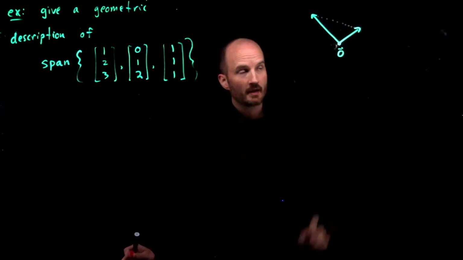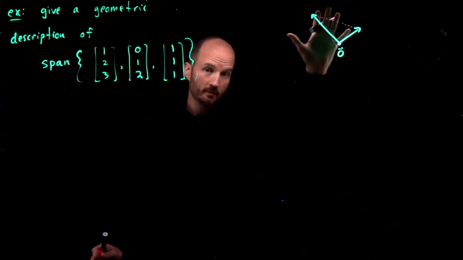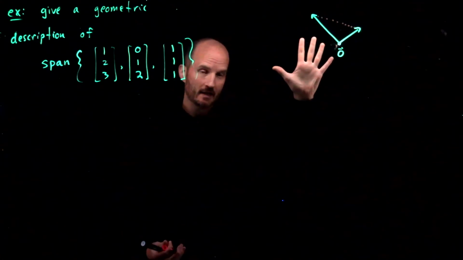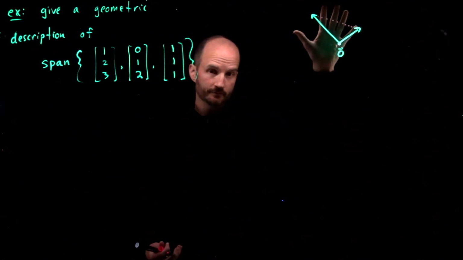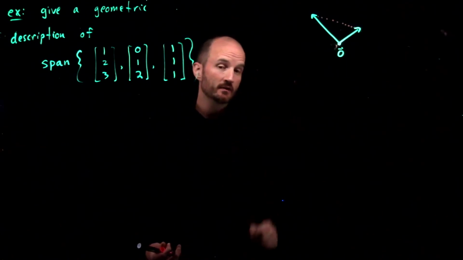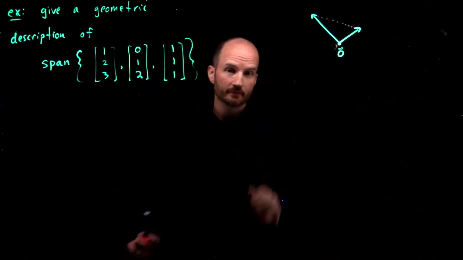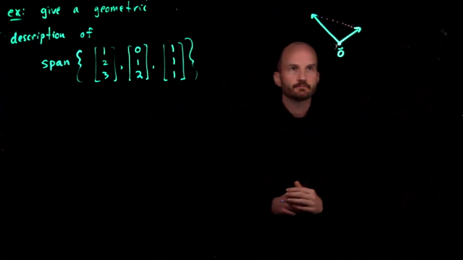Now I have to visualize this triangle floating in space. There is only one plane that contains that triangle. Imagine my hand is a flat plane. And when I take the span of these two vectors, I get exactly that plane. Okay, let's recap.